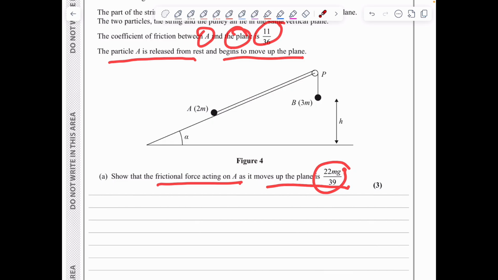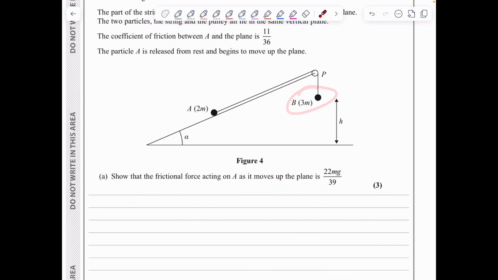I will start by adding all the forces acting here. So considering B, we've got the weight of 3mg acting downwards and tension pointing upwards. We know that B is accelerating downwards, so I'm putting acceleration facing the downwards direction. And considering A, we've got the tension along the string, we've got the weight of 2mg, which I can resolve into 2mg cos alpha perpendicular to the plane and 2mg sin alpha along the plane.